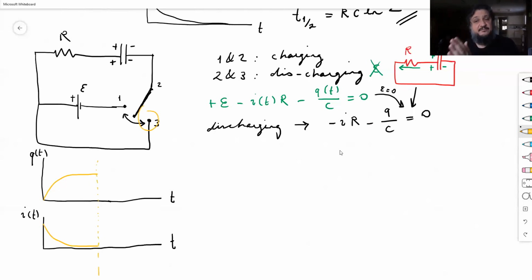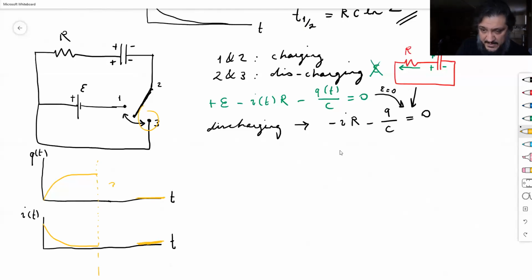So what will happen after that? If you wait long enough, and long enough means 1 second, the capacitor will lose all of its charge. So you want to end up with 0 charge. And there won't be any charge flow, so you're going to also end up with 0 current.